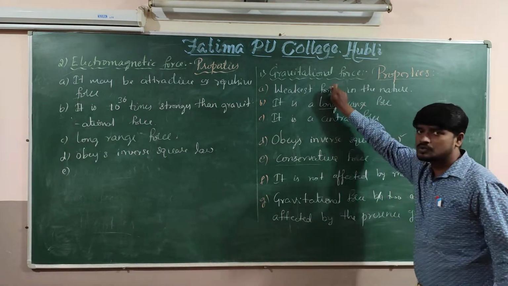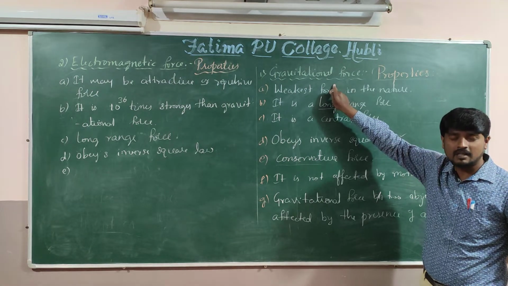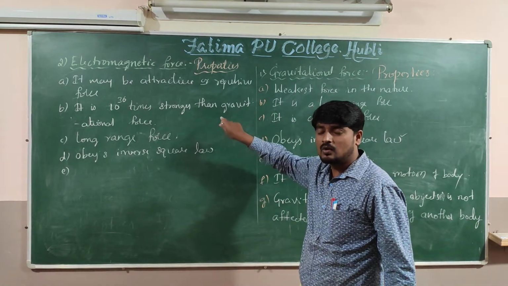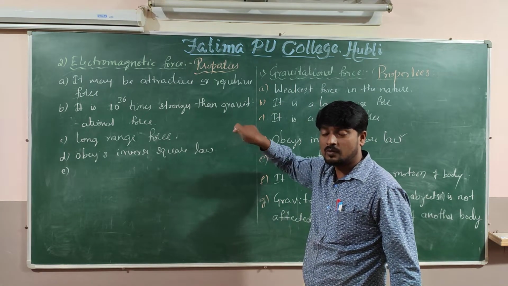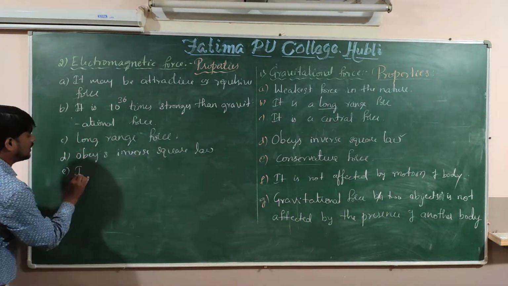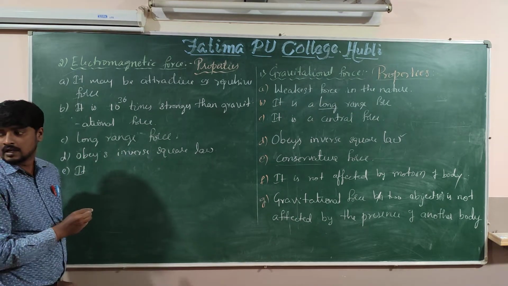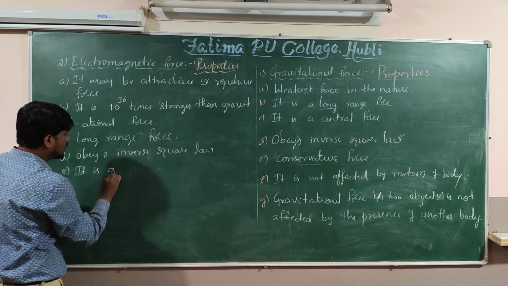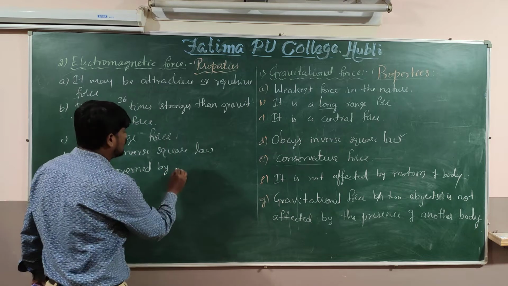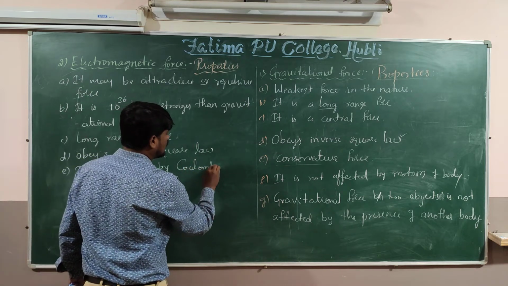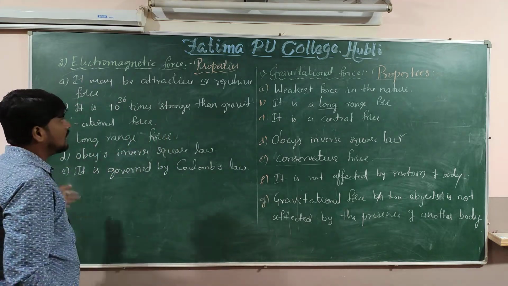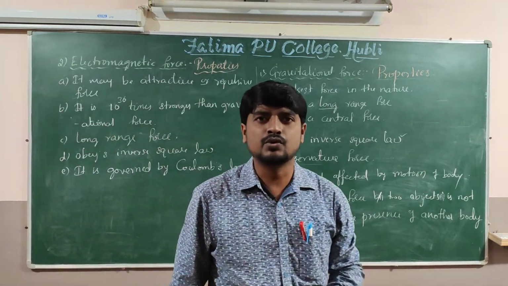The gravitational force in detail was explained by Isaac Newton, and what I wrote here, F equal to K, that is 1 by 4 pi epsilon naught, Q1 Q2 divided by R square, was explained by Coulomb. So it obeys Coulomb's law, it is governed by Coulomb's law. So here we have a total of 5 important properties of the electromagnetic force.